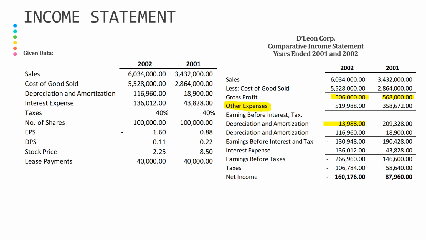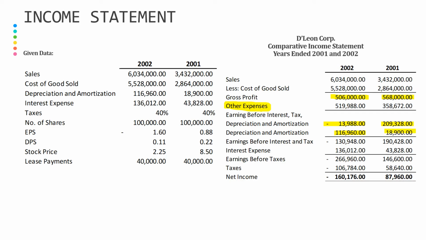So we have an earnings before interest, tax, depreciation, and amortization for 2002 of negative 13,988. And for 2001, we have 209,328. For 2002, we have a depreciation and amortization of 116,960 and 18,000 for 2001.